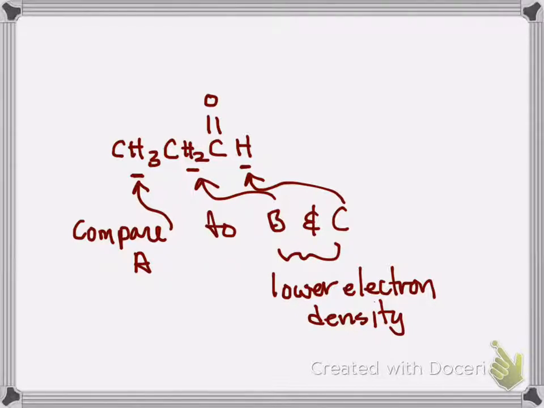So let's look at this a little bit more closely. Let's assume A isn't shifted very far. Compare B and C. Which one shifted further? C is. Why is C shifted further? Lower electron density. Why does it have lower electron density? It's closer to the oxygen, right?